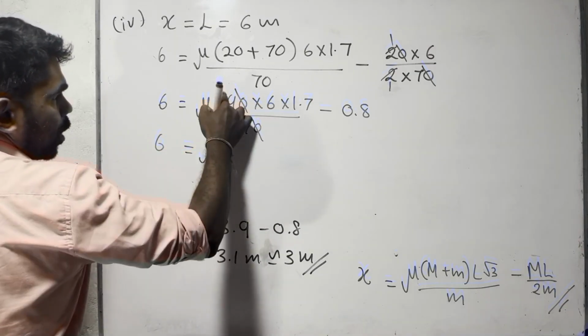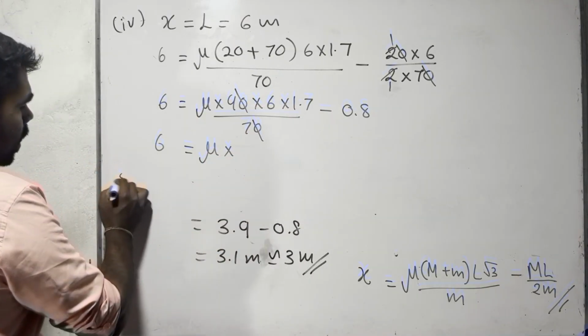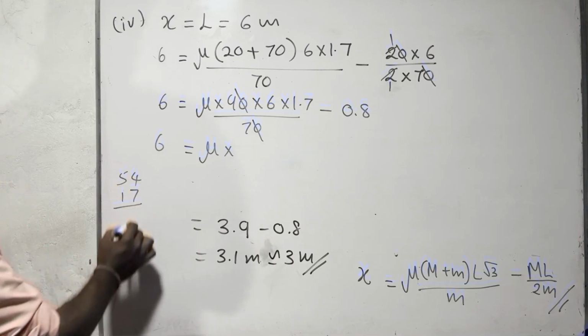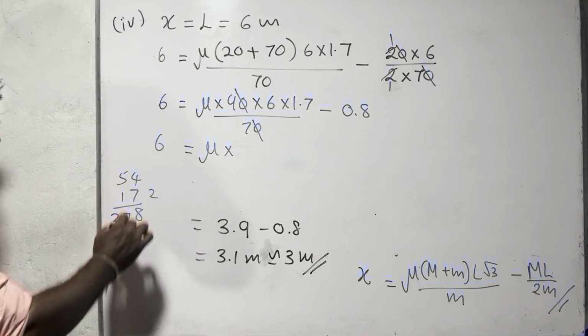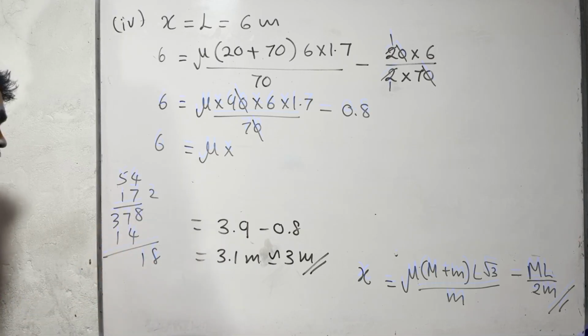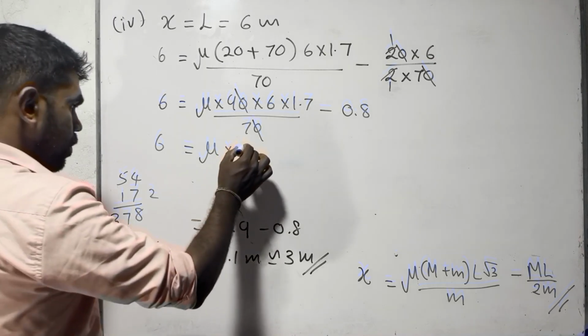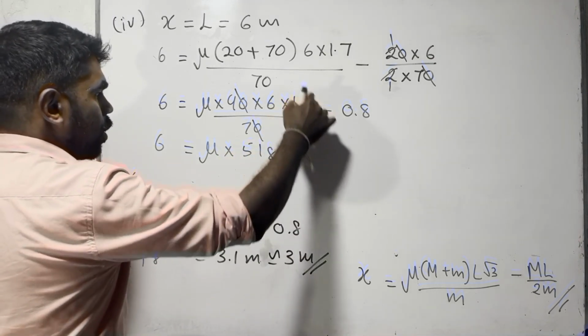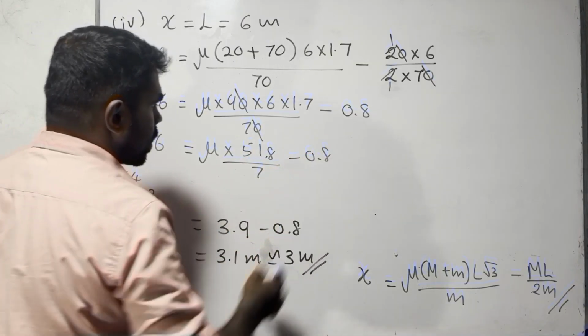Mu, 9 into 6, 54. 54 into 17. 7 into 4, 28. 2 remaining. 7 into 5, 35 plus 2, 37. 1 into 4, 4. 1 into 1, 1. 8, 11. 1 remaining. 3 plus 1, 4 plus 1, 5. 5 1 8. There is only one decimal place. Divide by 7, minus 0.8.